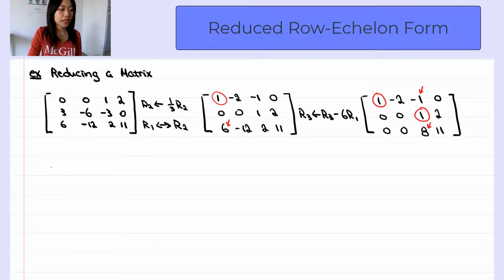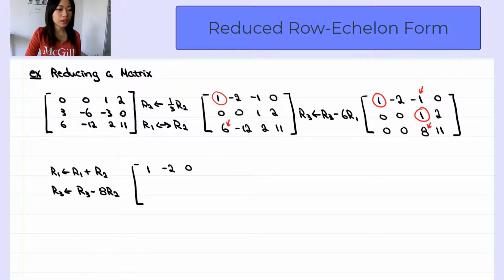To do that, I can replace row 1 by row 1 plus row 2, and row 3 is replaced by row 3 minus 8 times row 2. Then the matrix becomes 1, -2, 0, and the last entry is 0 plus 2, which is 2.